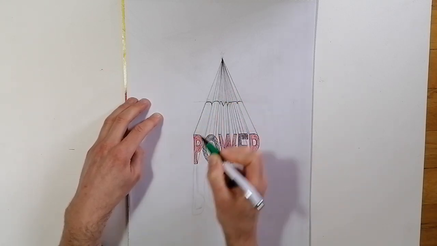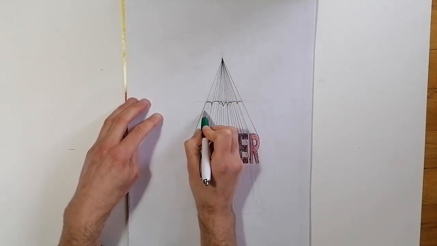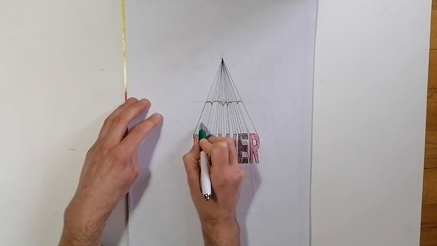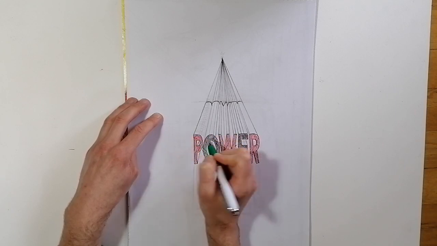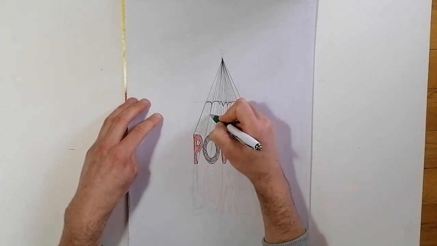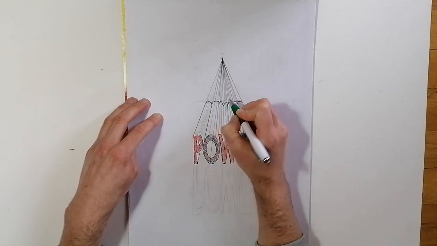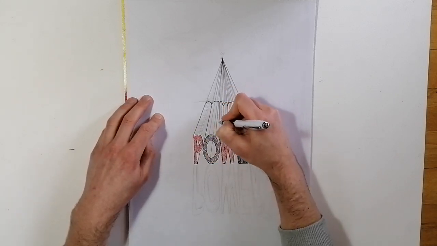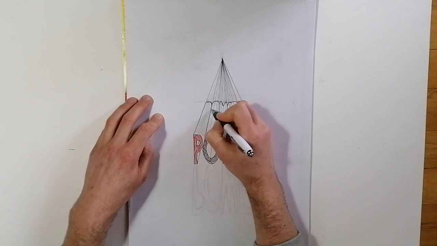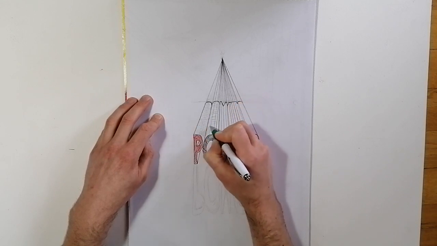What I'm going to do is start having arced lines like this, just to give you a sense that it's going around. Same as along here. So I'll darken in this line here. So it cuts the two of them, separates the two letters. Again, it goes around like this.